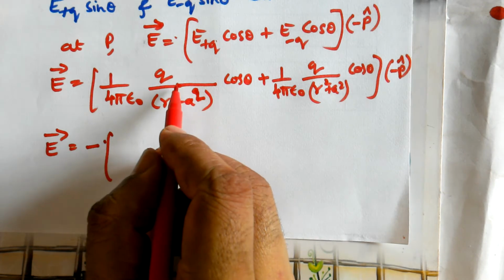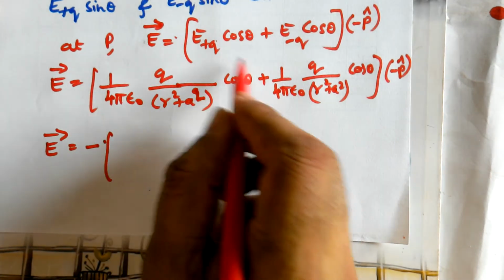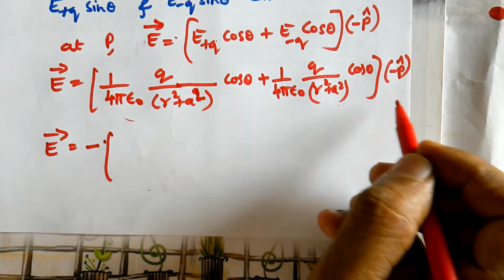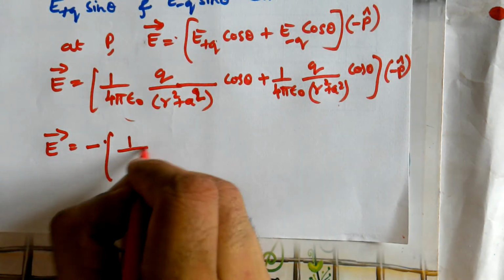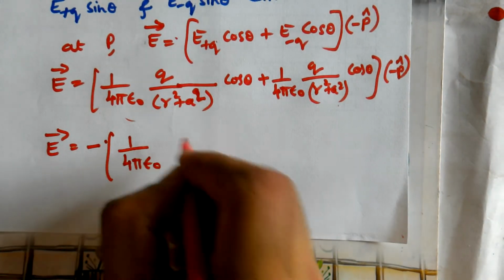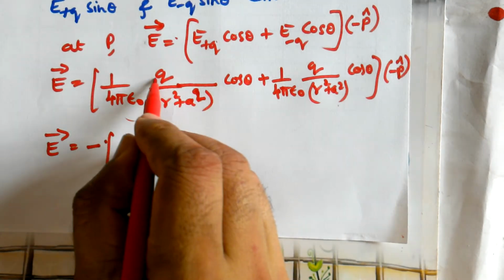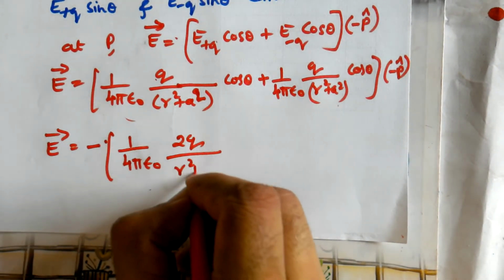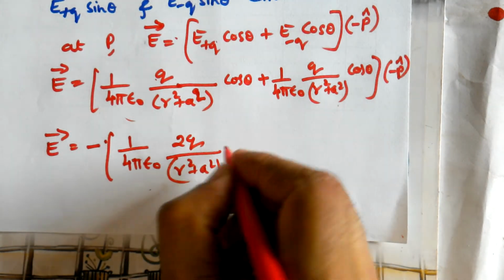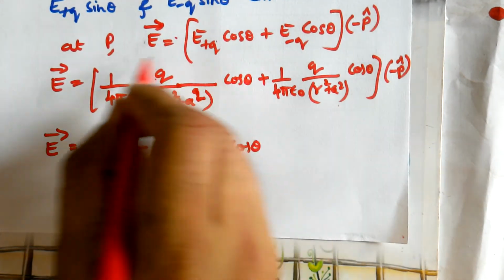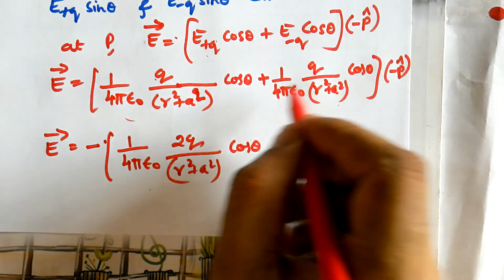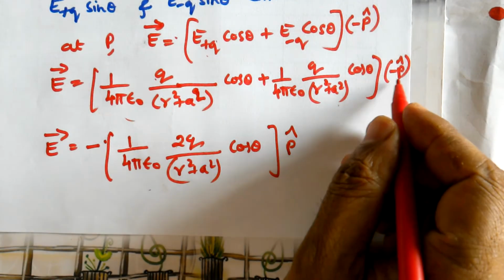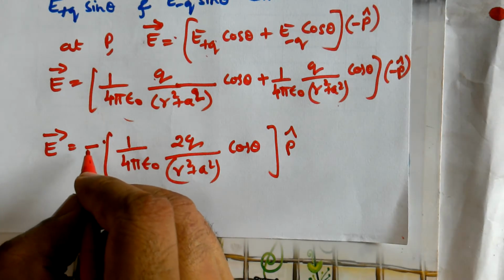Here 1 by 4 pi epsilon naught, so this is same as this one, right? If I take this as x, this is also x, it is 2x. So I can write minus 1 by 4 pi epsilon naught, 2q, r squared plus a squared, and cos theta, into P cap, minus sign I have put it here.